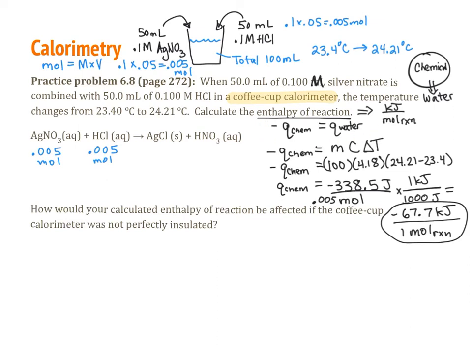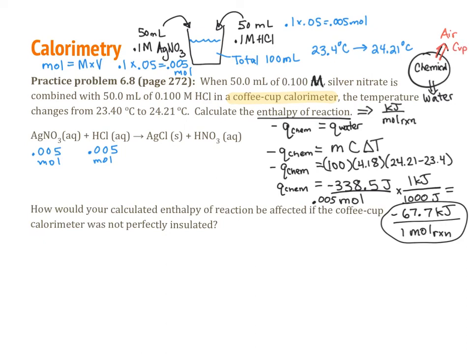We are assuming that all of the energy lost by the reaction goes into the water. In reality, while a lot of it works, we are using a coffee cup calorimeter here, some of the energy is actually going not into the water, but into the air and the other surroundings. Maybe it's heating up the styrofoam cup a little bit. It's just going other places.